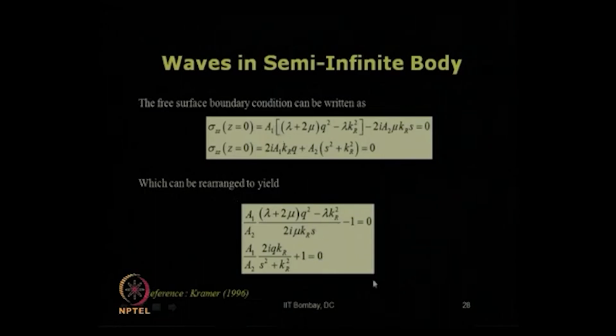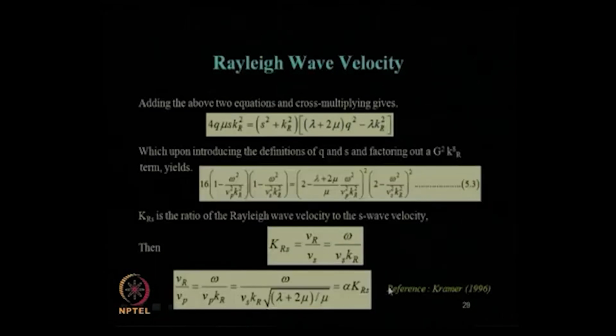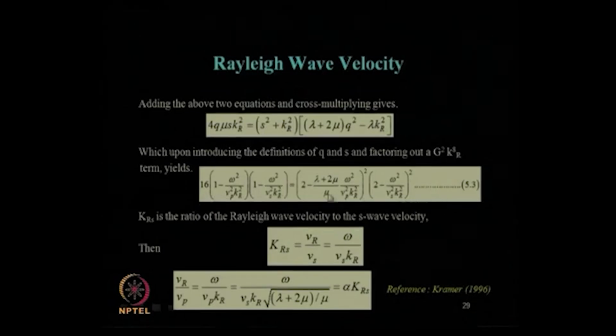On further simplification of these equations, one can get this relationship. We use this parameter K r s, which is the ratio of the Rayleigh wave velocity to the shear wave velocity, that is V r by V s. We are expressing it through this parameter capital K r s, which is nothing but omega by K r, that is V r, over V s.